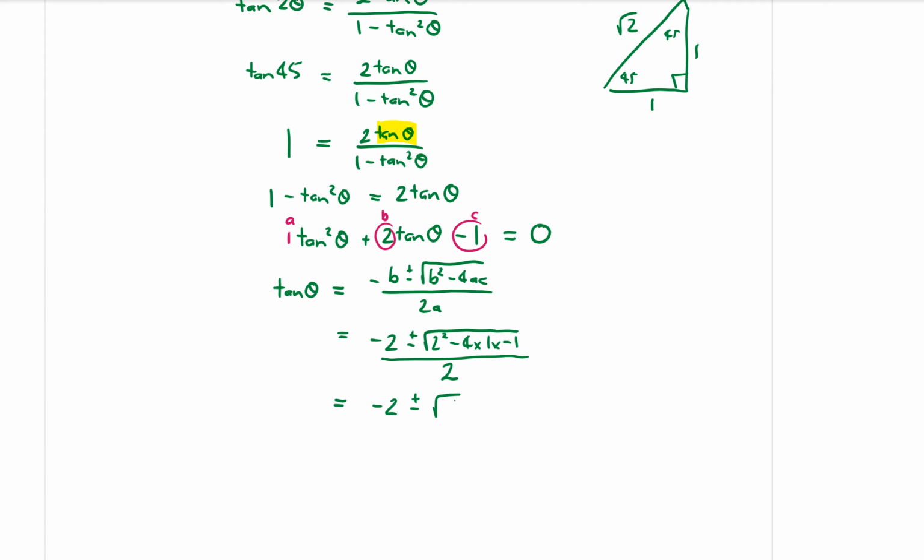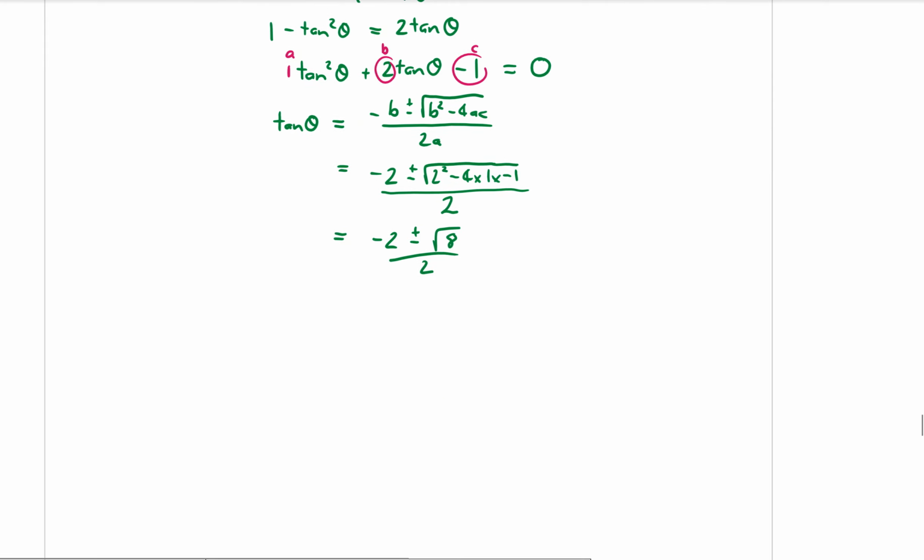So square root of 8 under there. Now square root of 8 is a surd that can actually be simplified. So let's do that. Square root of 8 is the same as root 4 times root 2. And the square root of 4 is 2. So that's 2 root 2 over 2.